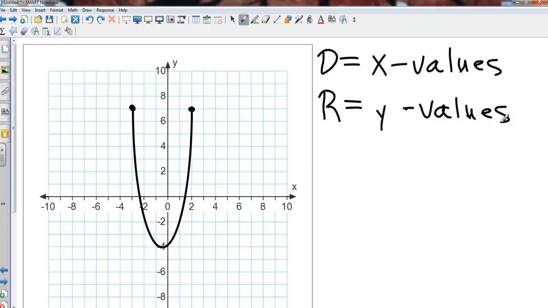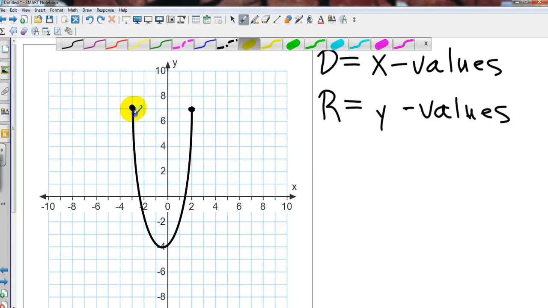How far to the left does our x value go? As far left as we can go. How far is it? Negative 2. Negative 2 is right here. How about negative 3? This coordinate right here has an x value of negative 3. Would you agree? Its actual coordinate is negative 3, 7.